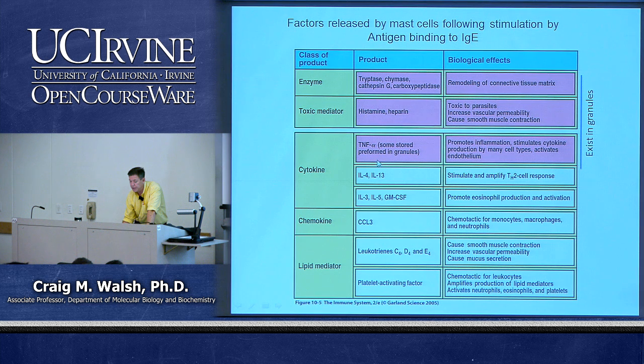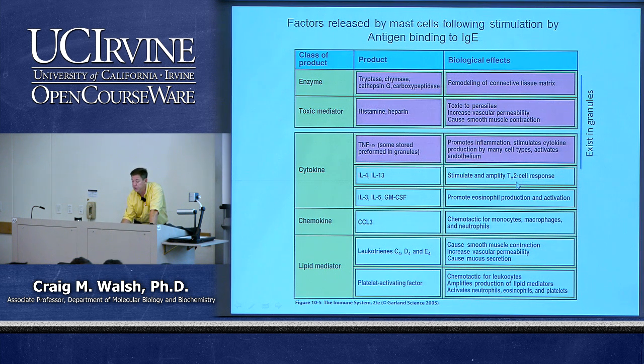In addition, there are also cytokines like TNF, which is thought to exist in these granules. It's a pro-inflammatory cytokine, so it mediates the recruitment of inflammatory cells, and the result is that you would then try to eliminate this parasite. There are also other cytokines like interleukin-4 and 13 that are involved in promoting the Th2 response.